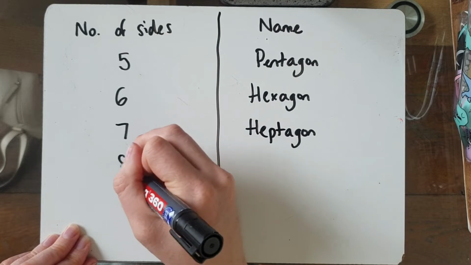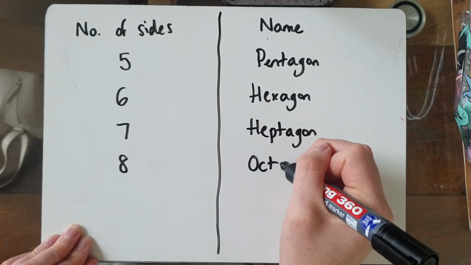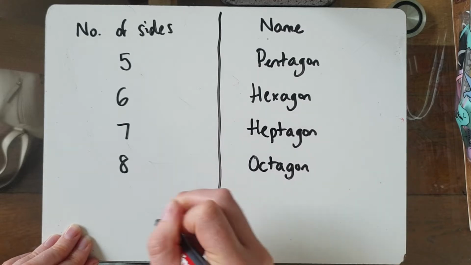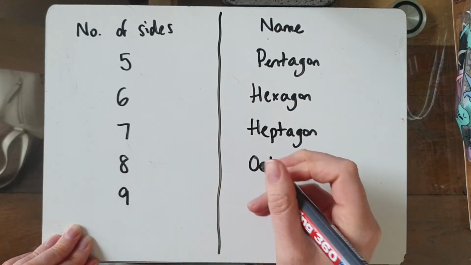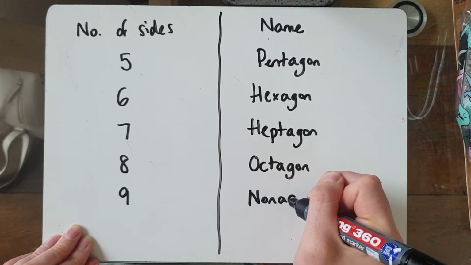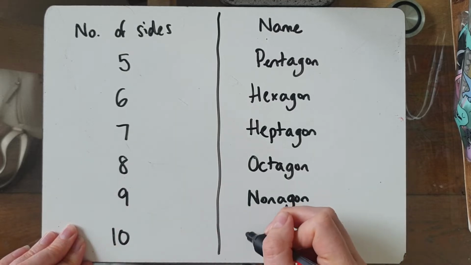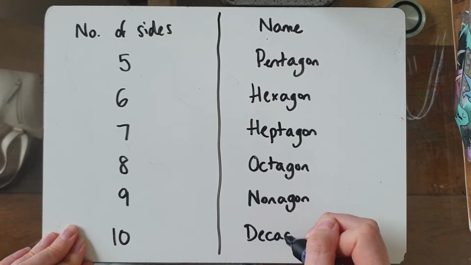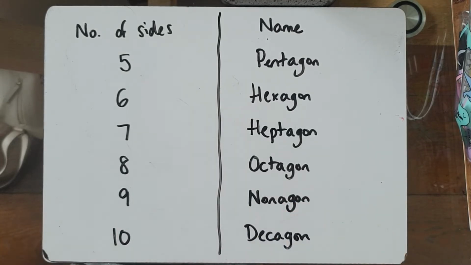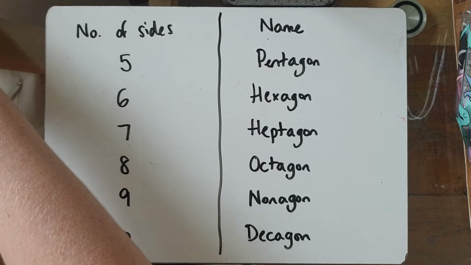An 8-sided shape, octagon. 9-sided shape is a nonagon. And finally, a 10-sided shape is a decagon. So get that copied into your books, please, and you should try to learn those names.